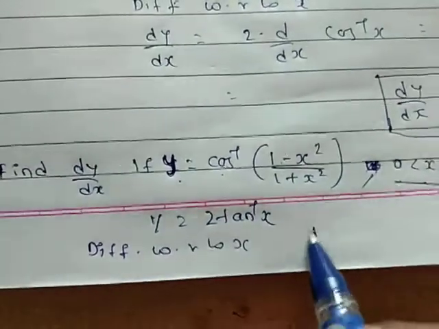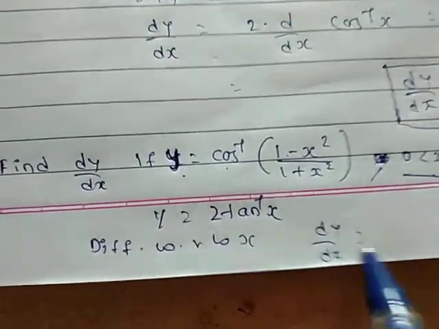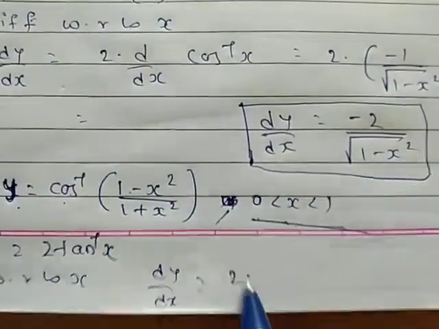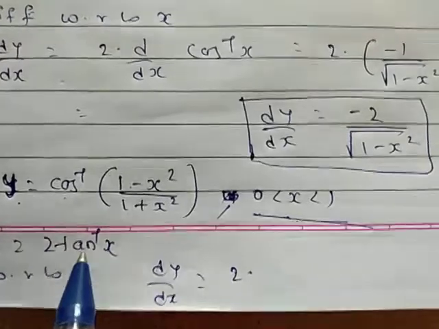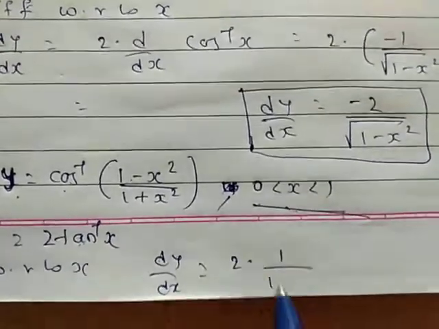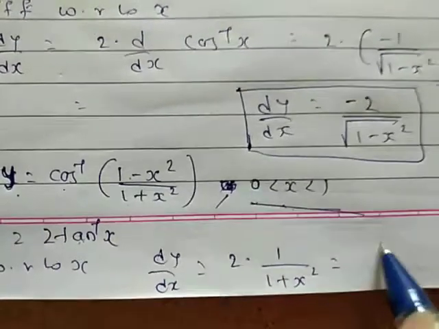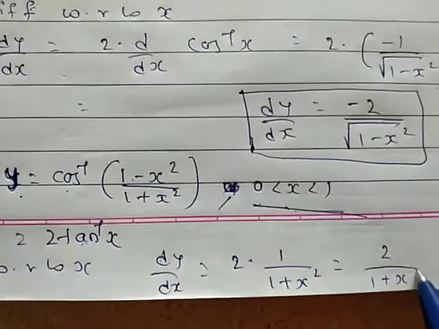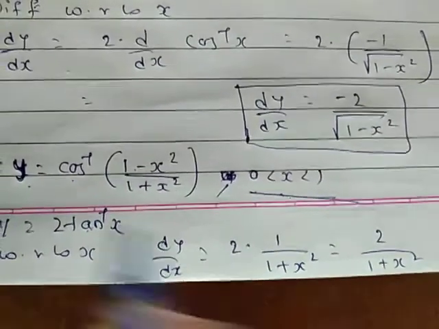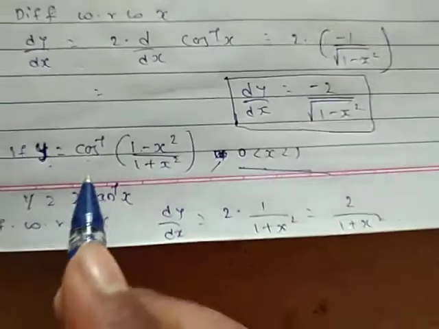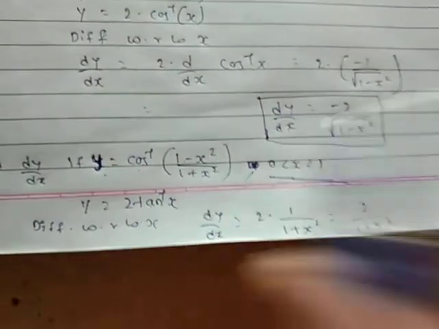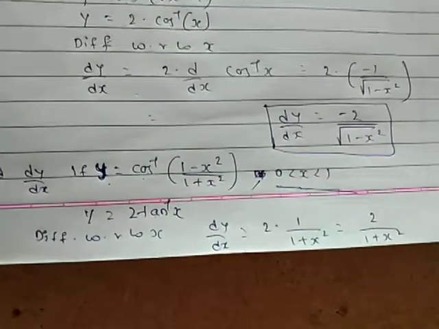So we get dy by dx is equal to, again 2 remains constant. The derivative of tan inverse x is nothing but 1 divided by 1 plus x square, or we can say 2 divided by 1 plus x square is the required derivative of cos inverse of 1 minus x square divided by 1 plus x square. So pause the video to note it down.